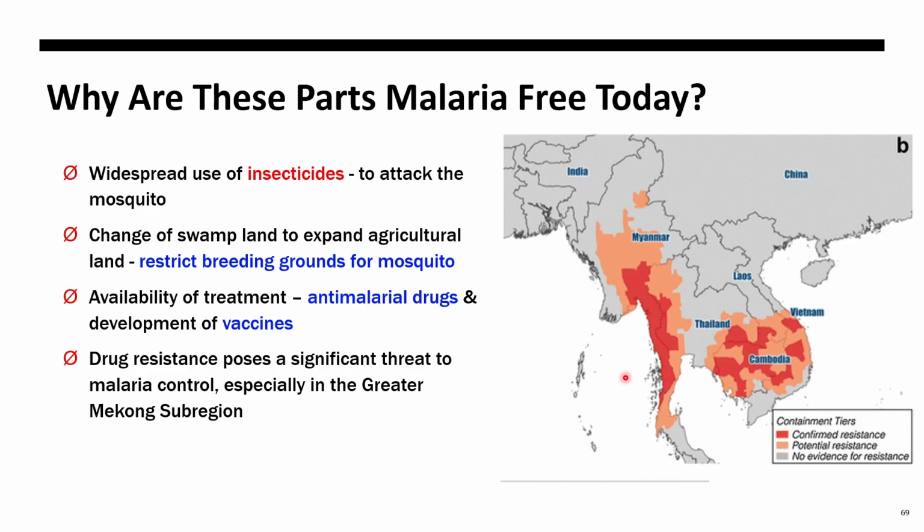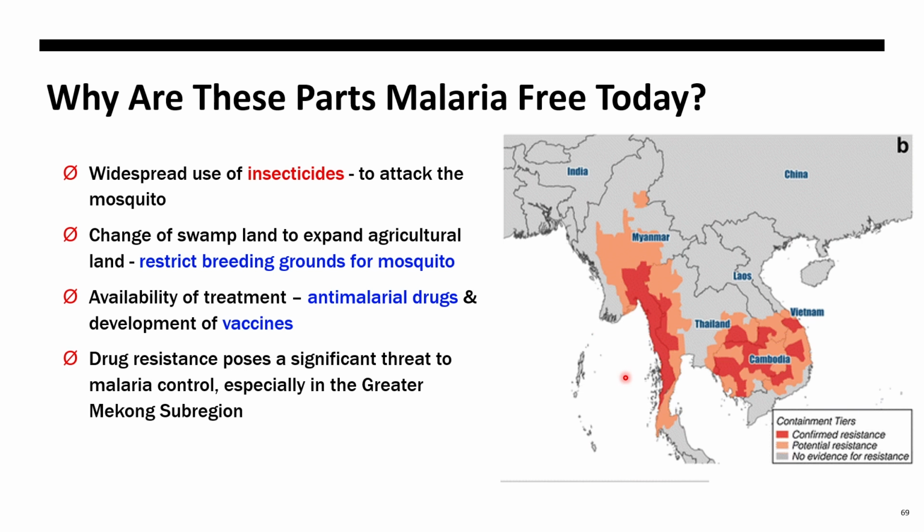It is because of the widespread use of insecticides to attack the mosquitoes. And mosquitoes usually breed in swamps. So if we change the swamp lands into agricultural lands or industrial lands, they will restrict the breeding sites for these mosquitoes. And another major thing is the availability of treatment.